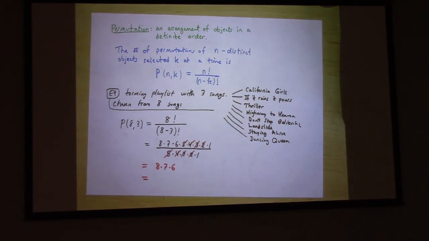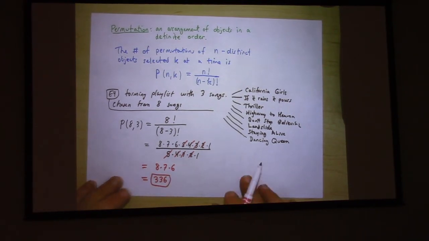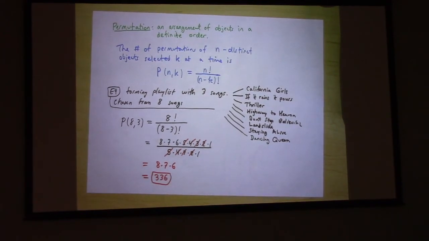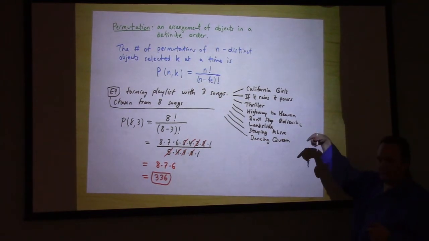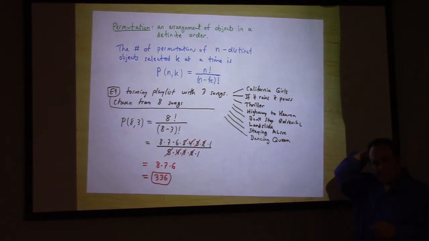Get my calculator out here. 336. Yep. So you can form 336 possible playlists if you pick 3 songs to make a playlist from this roster of 8 songs.